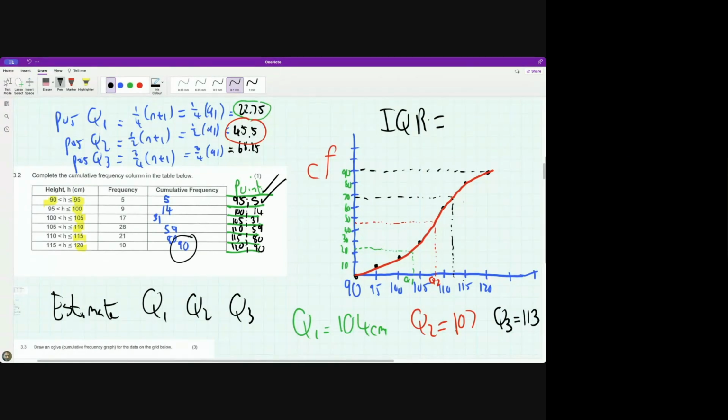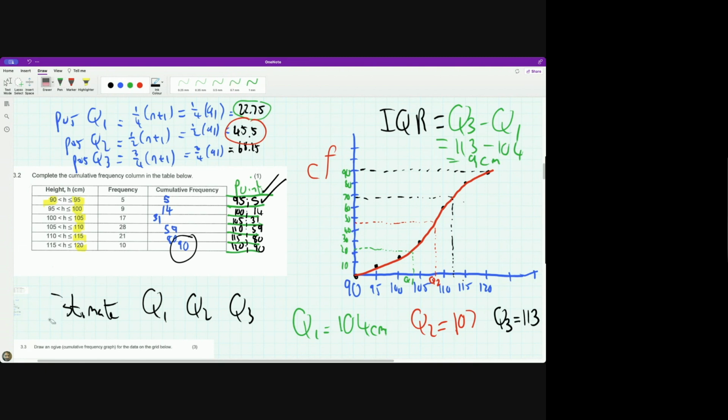Well, first of all, I need to remember what the interquartile range even stands for. It's going to be Q3 minus Q1. Q3 is 113, Q1 is 104. So you are going to get about 9 centimeters as the interquartile range. And that's it.